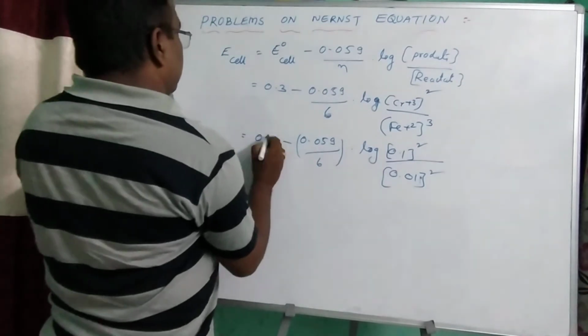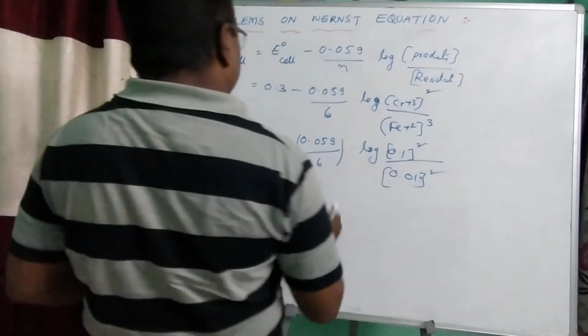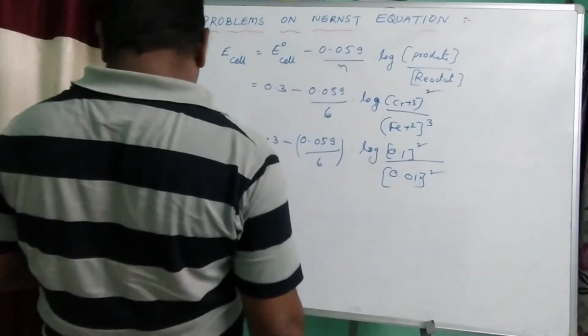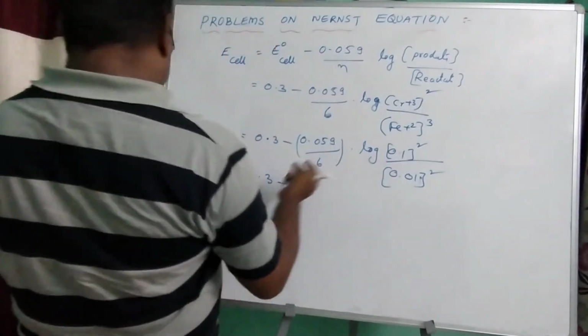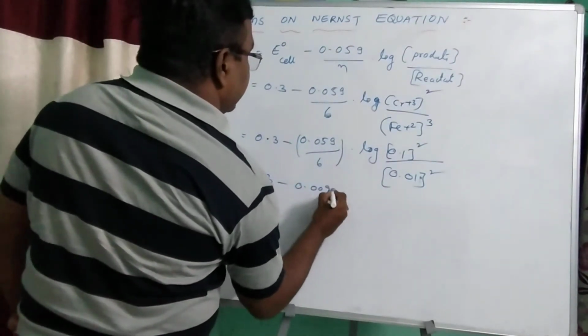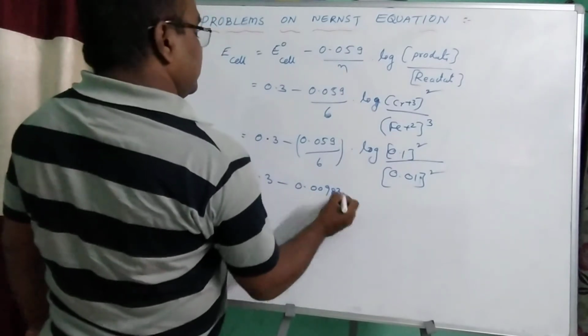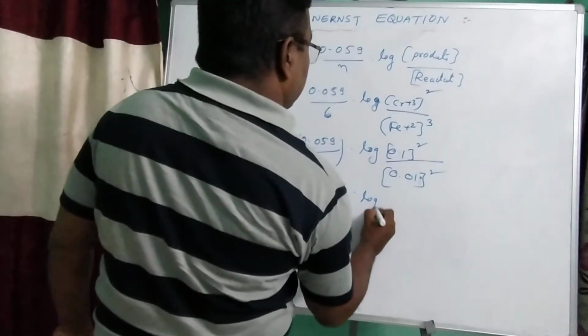Therefore, 0.3 minus 0.059 by 6, whose value is 0.00983, into log.